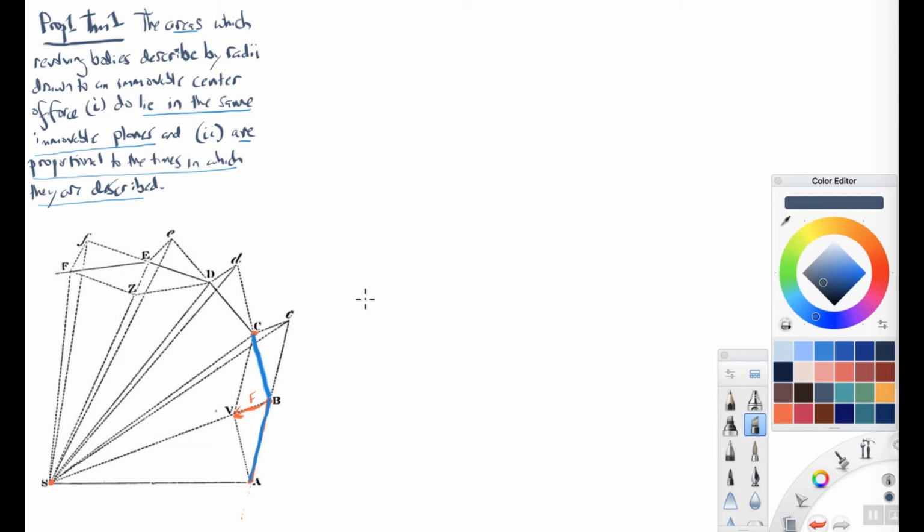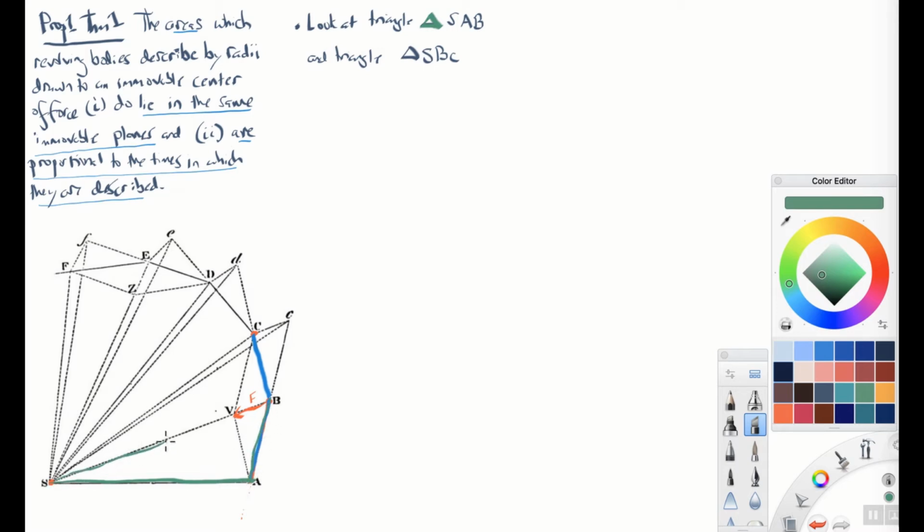So let's look at triangle SAB and triangle SB little c. So we're going to be looking at these two triangles, and let me color code them. So triangle SAB, that is this one right here, SAB.